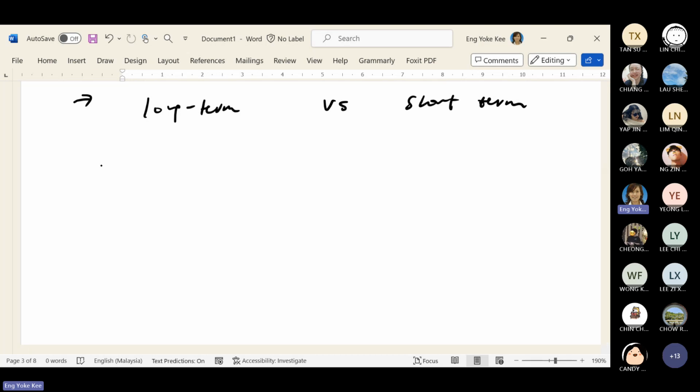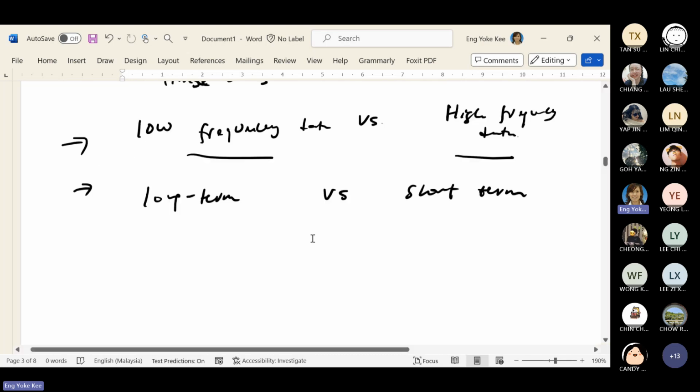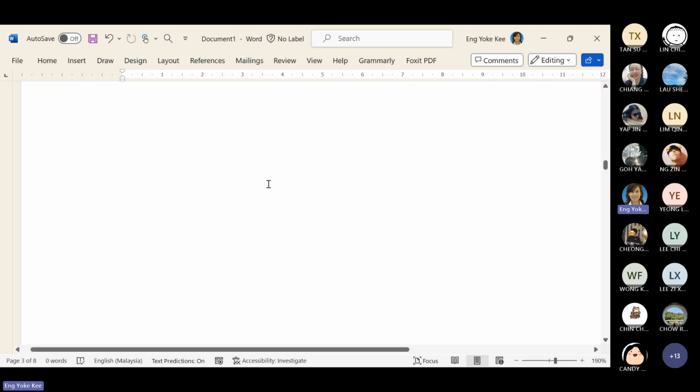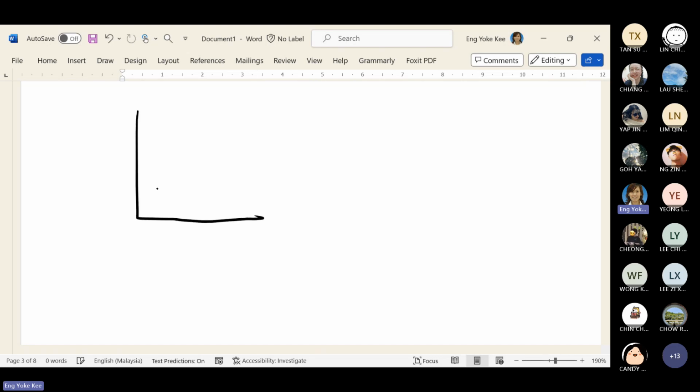Okay, so for example, economists normally deal with low frequency data. Example, we look at the labor market, right? Salary, wages seldom change much, right? So it's steadily increasing. Okay, wages. Right? We look at the stock market.